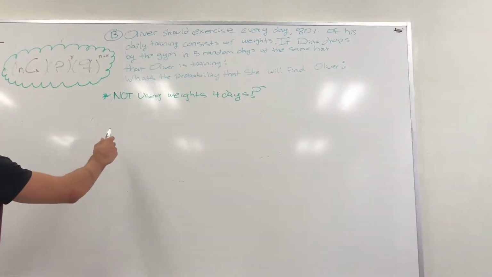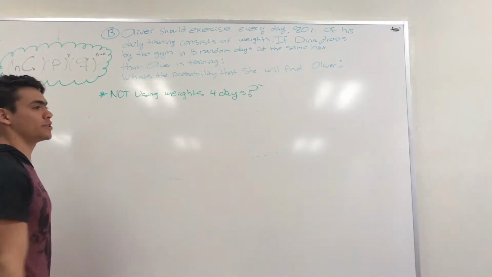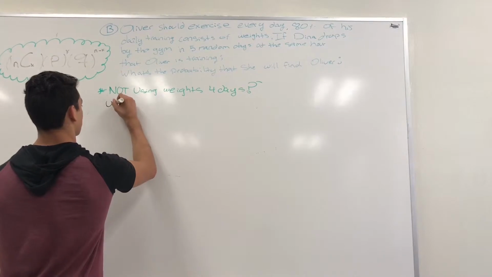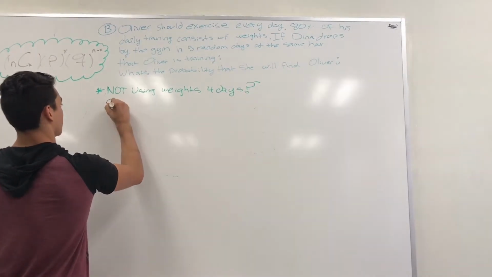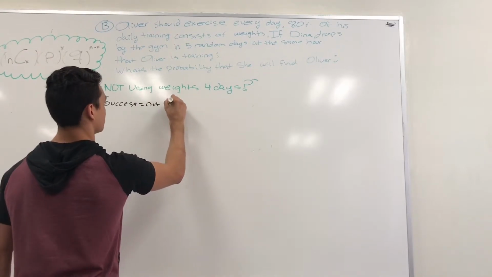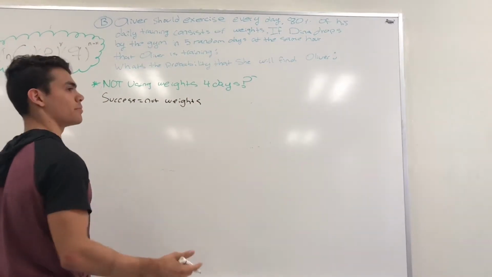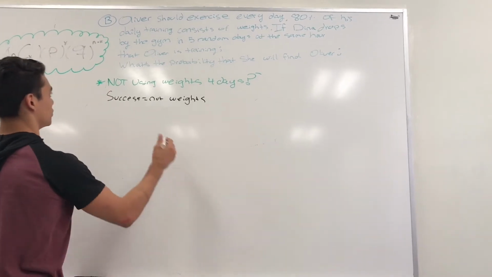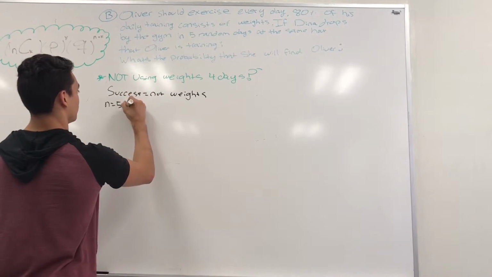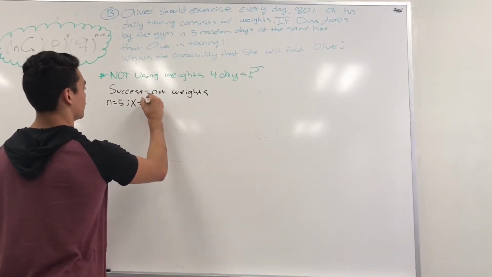Now the next problem is: find the probability that Dinah will find Oliver not using weights on 4 random days. On this occasion, our success will be not using weights. And we do the same thing as in the other problem, which is to collect all the data: n also 5, x will be 4.